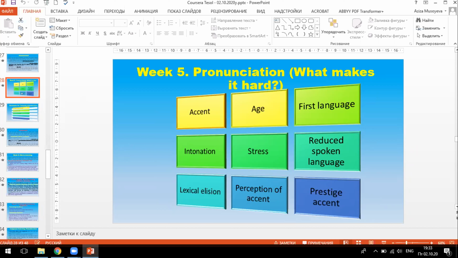And perception of accent is also very important, and how we think about accent, and prestige accent, which means some accents. Dr. Shane said that Irish accent is a very prestige accent. I don't know why, but he said Irish accent is very prestigious in the world, even.